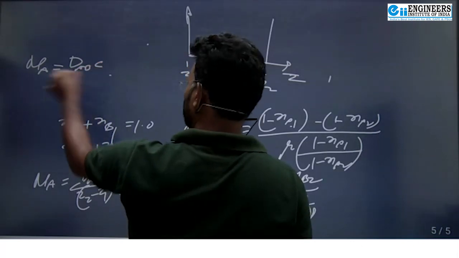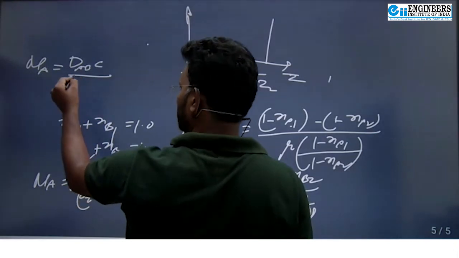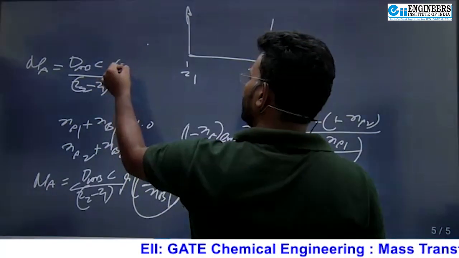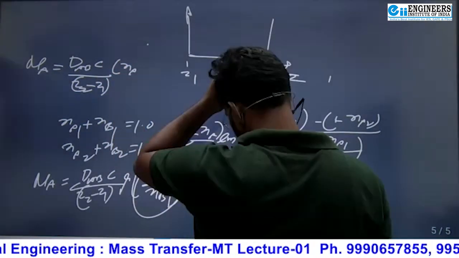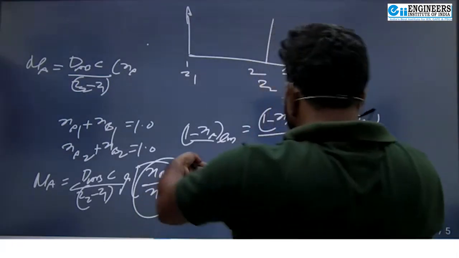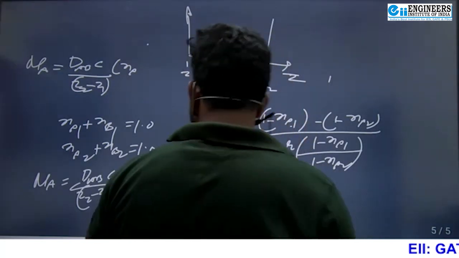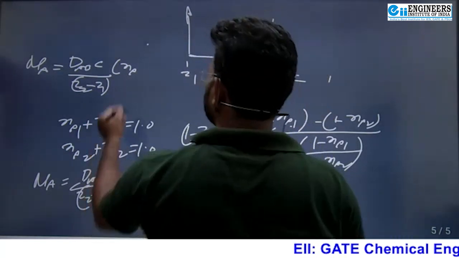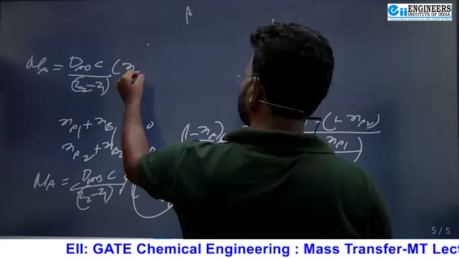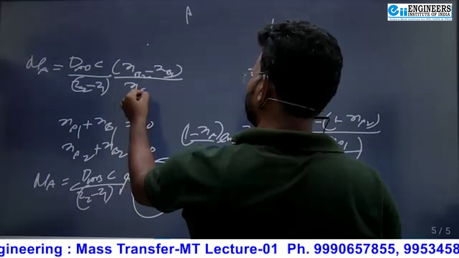DAB into C, just to compare with both fluxes. It means when equimolar and unimolecular. That is why we are doing this. Z2 minus Z1 into XA XBLM. So this was XB2 upon XB1, so it will reverse, right? Minus plus, change it here. This XB2 upon XB1 becomes XB1 upon XB2. If you change it, what will you have? XB2 minus XB1 upon XBLM.